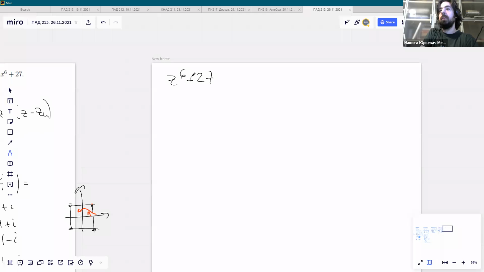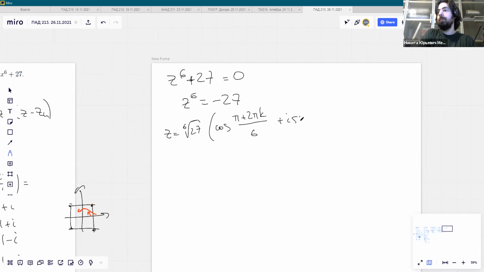So the next problem asks about this polynomial. And again, this equation is very simple also, so everything is going to be the same way, but the result is kind of interesting, so I want to show it. So once again, I wish to take roots of 6th power. So I get (pi plus 2 pi k) divided by 6.